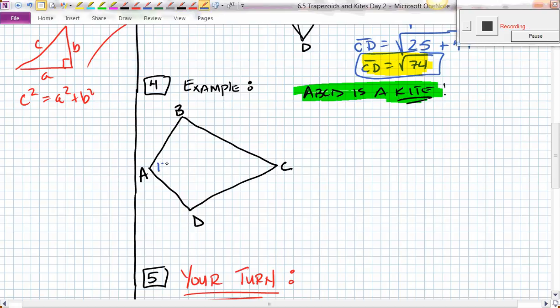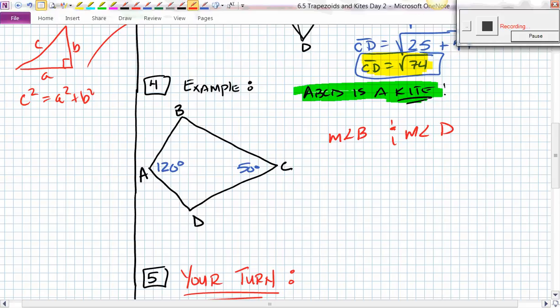If I tell you that angle A is 120 degrees and angle C is 50 degrees, I need us to figure out the measure of angle B and angle D. Because we know exactly one pair has to be congruent with each other.